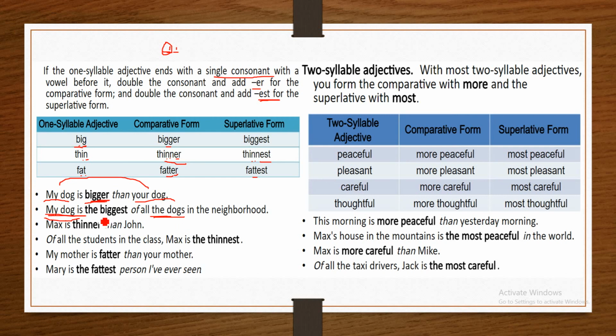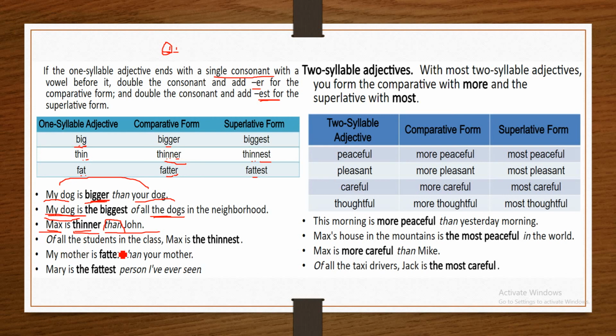The biggest. Max is thinner than John. Max and John, we have two nouns, two objects. They are compared by the comparative adjective thinner, and than is in the sentence.